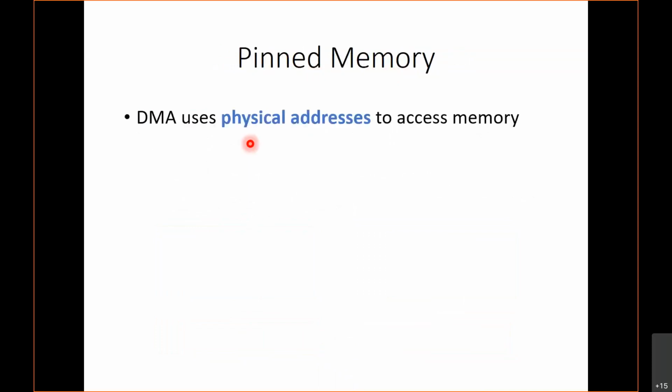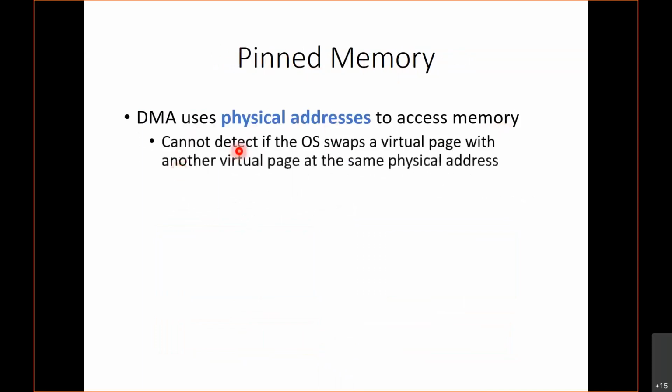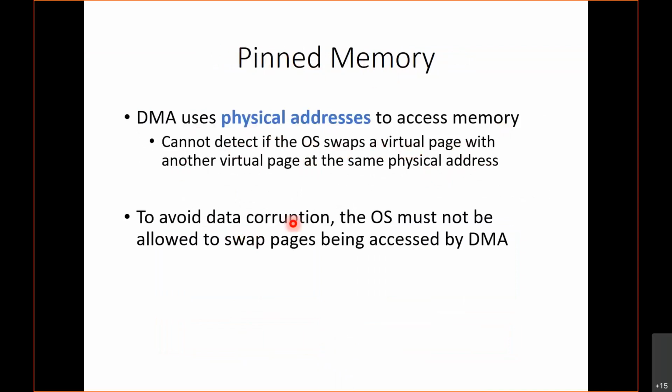So as a recap, DMA uses a physical address to access memory. And because it uses a physical address, it cannot detect if the operating system swaps a virtual page with another virtual page at the same physical address. If the operating system puts a different page at the same physical address, the DMA has no way to detect that. So to avoid data corruption, the OS should not be allowed to swap pages that are being accessed by DMA.